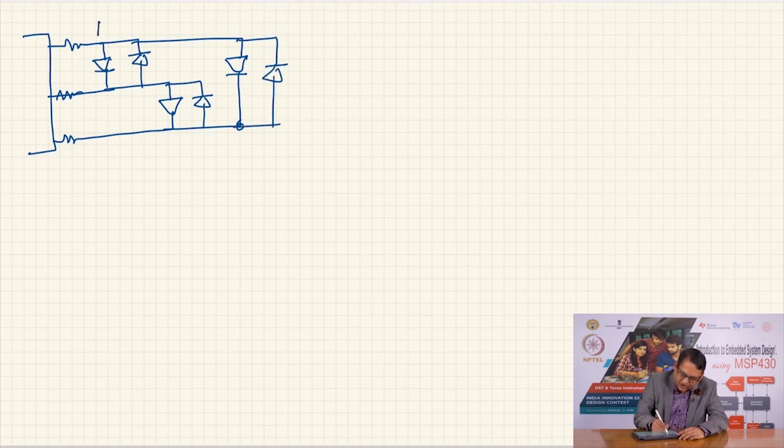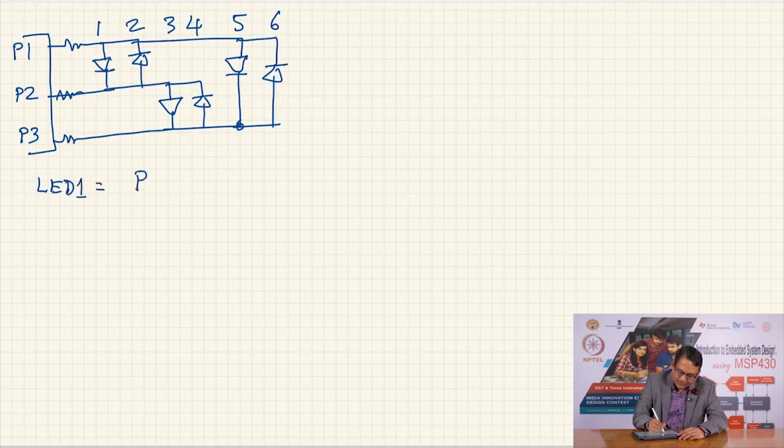This is LED number 1, 2, 3, 4, 5 and 6. This is P1, P2 and P3. When I want to turn LED 1 on, then P1 should be equal to 1, P2 should be equal to 0, but what about P3?